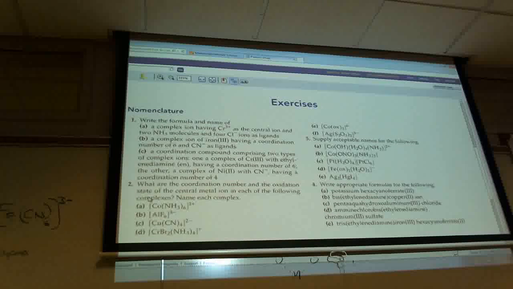Iron? Yes, ferrate. If this were positive or neutral, we would just call it iron. Since it's negative, we have to use this funny one. Ferrate 3. Hexacyanoferrate 3 ion.